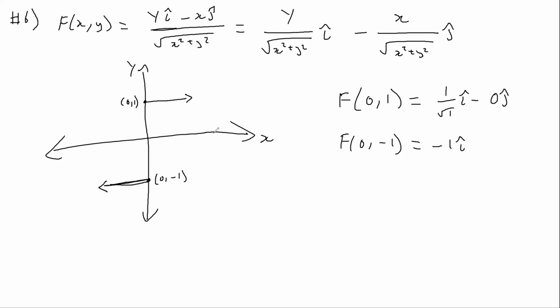For these kinds of questions, I start off by picking values on the y-axis and x-axis. I'm going to pick the points (1, 0) and (-1, 0) on the x-axis.